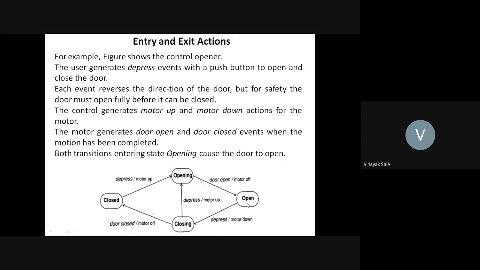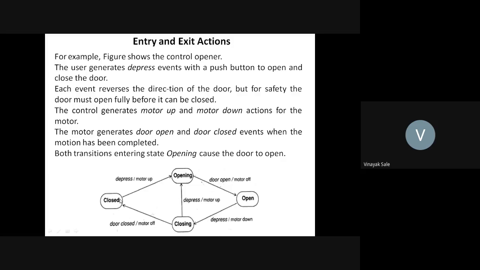Each event the user generates, a depress event with the push button, opens the door when the initial state is closed. Whenever the user pushes the button, the door opens and closes. Each event reverses the direction of the door, but for safety, a door must open fully before it can be closed. Initially, suppose the state is closed. Whenever the button is pressed, the motor goes up.